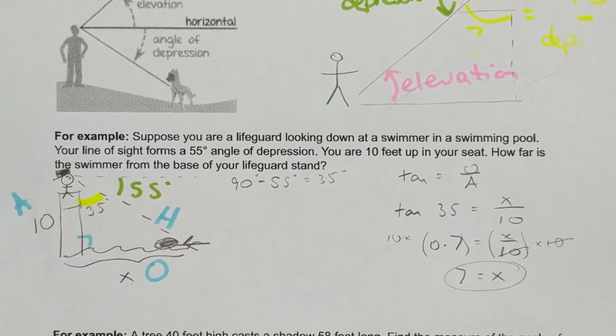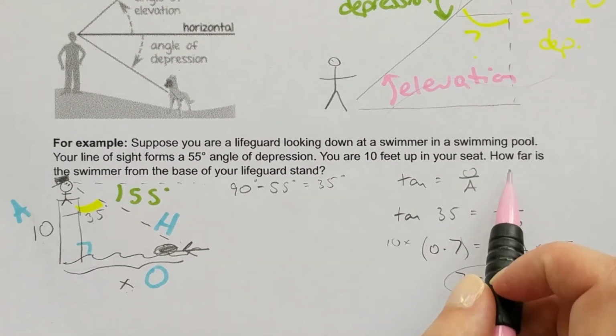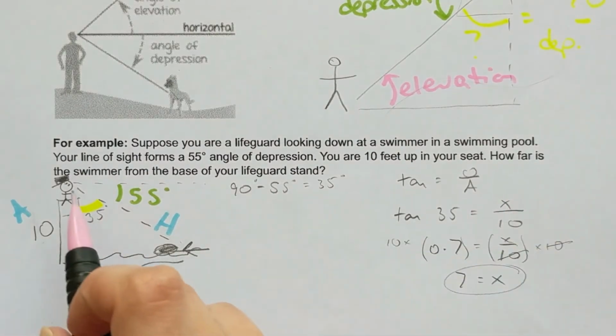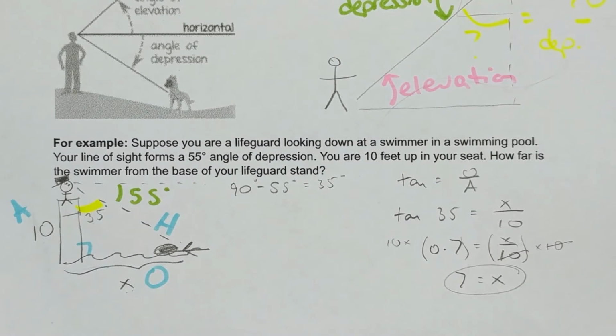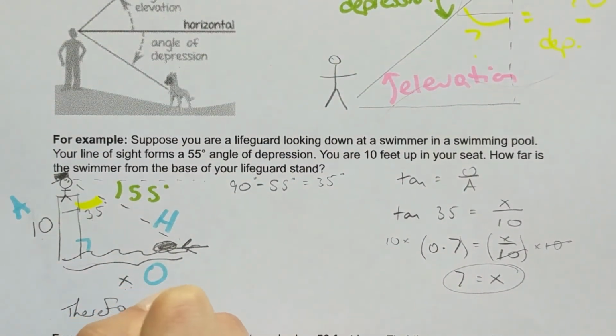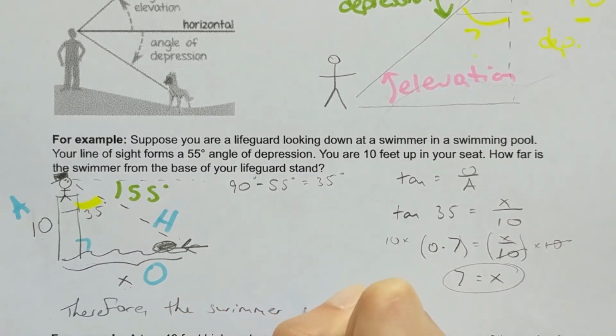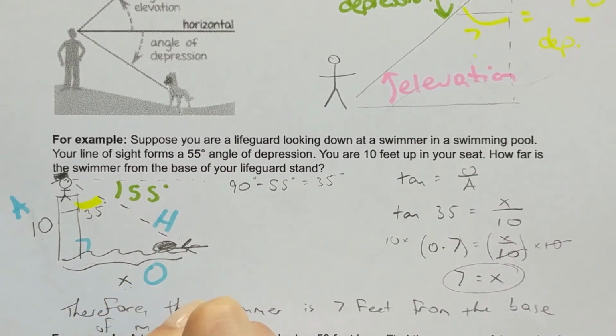Because this is a word problem, I'm going to finish with a therefore statement to answer my question. The question was, how far is the swimmer from the base of your lifeguard stand? So I can say, therefore, the swimmer is 7 feet from the base of my lifeguard stand.